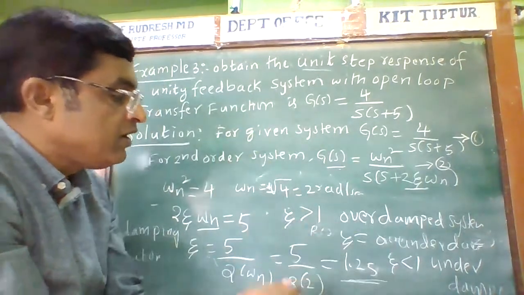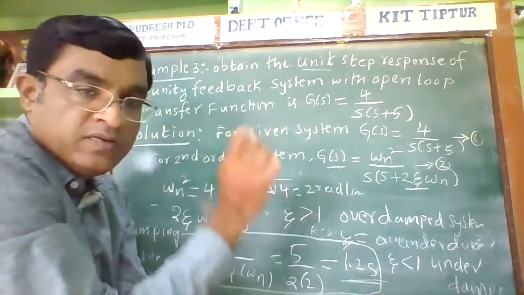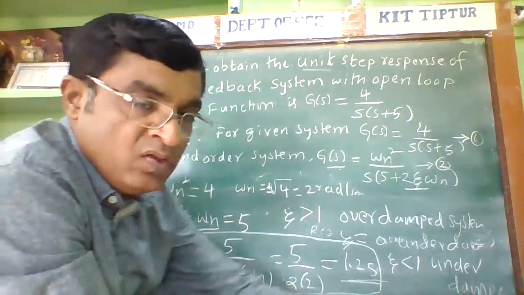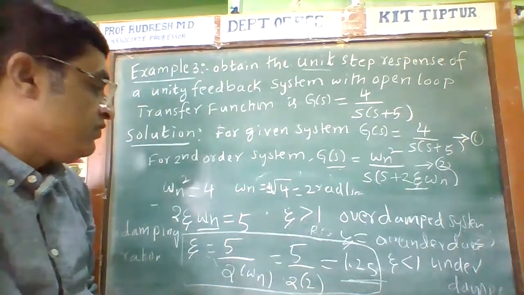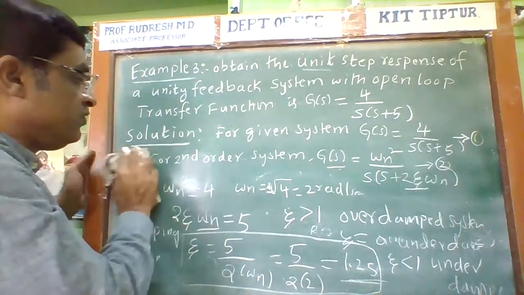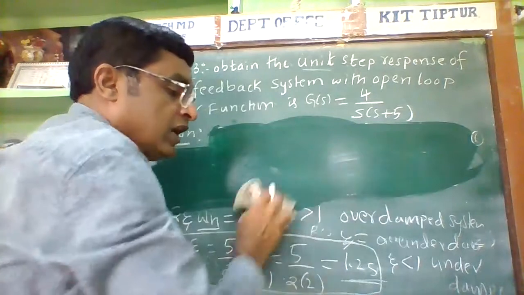After calculating the zeta value, we conclude that the given system is an overdamped system. For the overdamped system, we have to remember the equations, and also the equations of the underdamped system. Now, what is the need to calculate C of t?